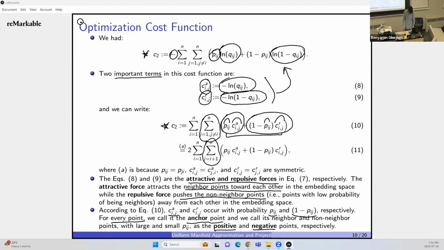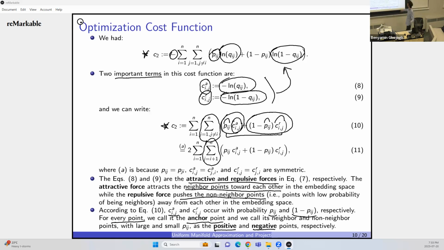And by the way, the attractive force occurs with probability Pij. If i and j are close, similar to each other in the input space, then Pij is large. Therefore, this makes sense. But if i and j are dissimilar, Pij is small, so the attractive force should be multiplied by a small number.